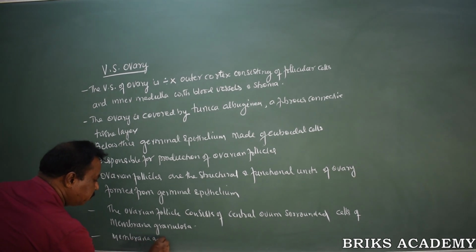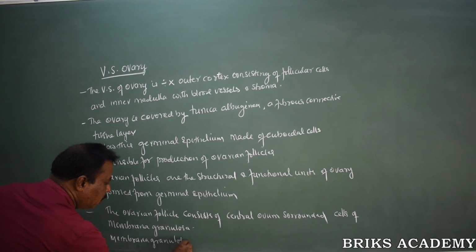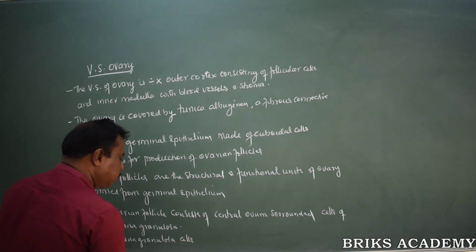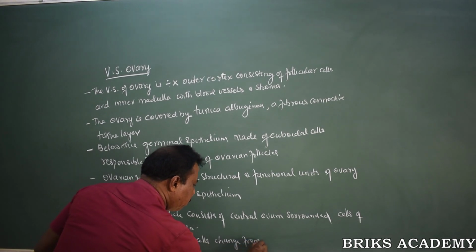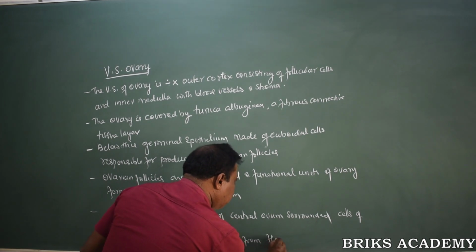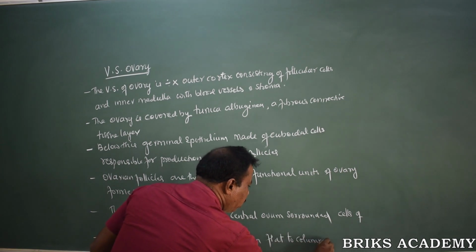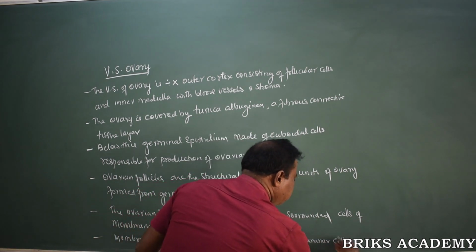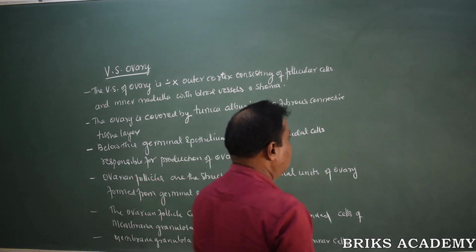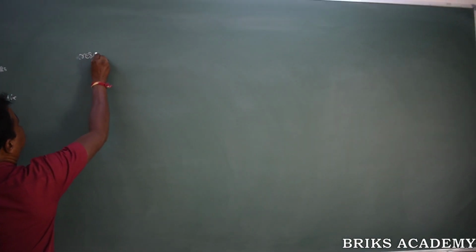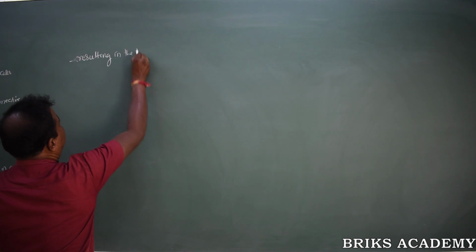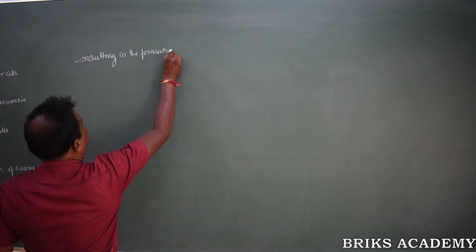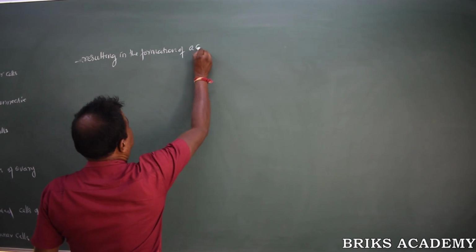Membrana granulosa cells change from flat to columnar cells, resulting in the formation of a cavity.